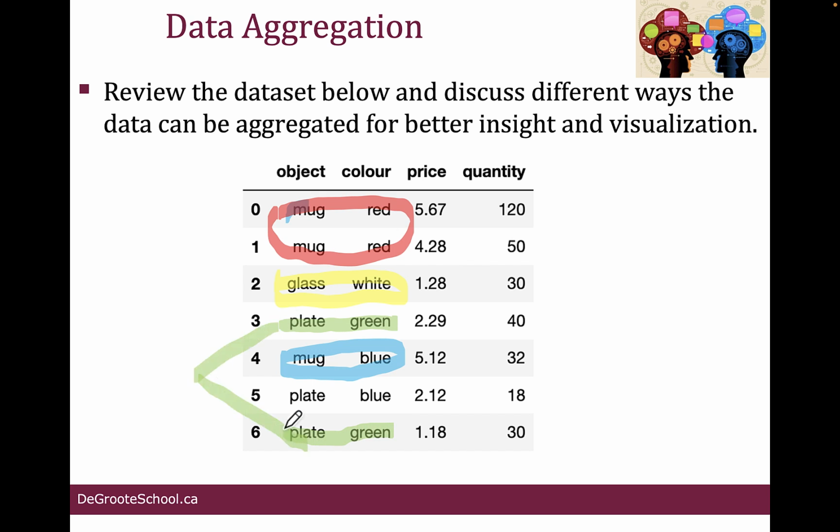So those 2 will be a group. Finally, the last group is going to be the blue plate, right? So that's how we define groups for more than one categorical variables. Right? Turns out we have a total of 5 groups. And that's 5 unique pairs of object and color values.